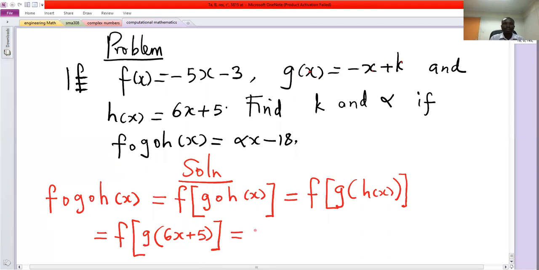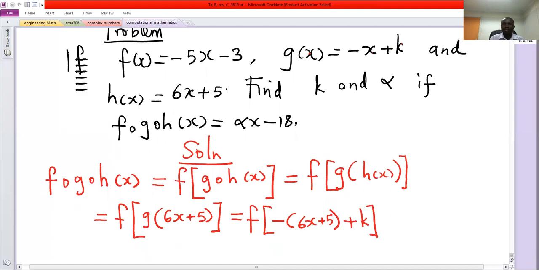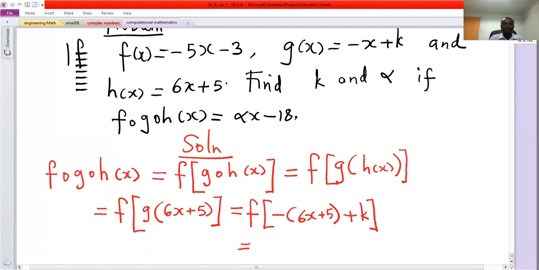It picks that input, negates it, and then after negating the input, it adds k. That is how the function g operates, which on simplification gives us minus 6x minus 5 plus k.